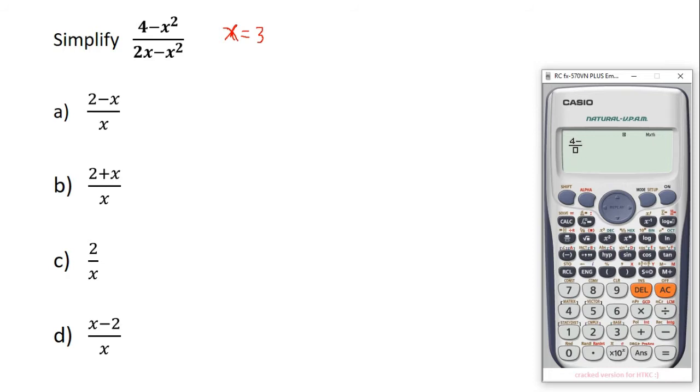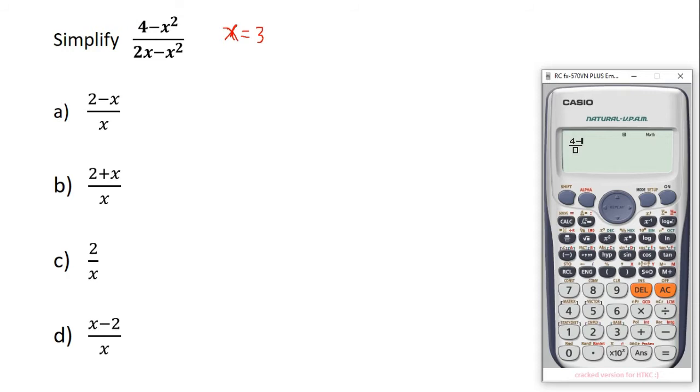Now I need x squared on my calculator. When you look at this button, you see that we have the bracket close button. On top of it, you can see x. Now that x is red, which means that if you want that, we have to click on alpha. Then we click on that button to get x.